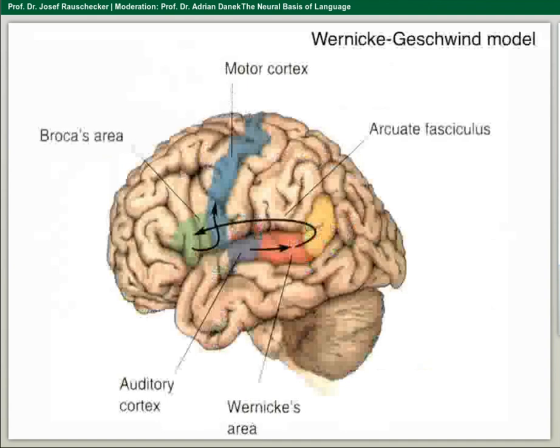This is the classical textbook model where auditory information travels from primary auditory cortex into the back of the superior temporal, into the parietal cortex, and then through the arcuate fasciculus, it arrives in Broca's area, and from there you do speech production to the motor cortex. It misses an essential part, and that's this region, in front of the auditory cortex.